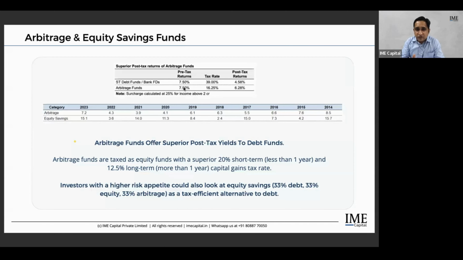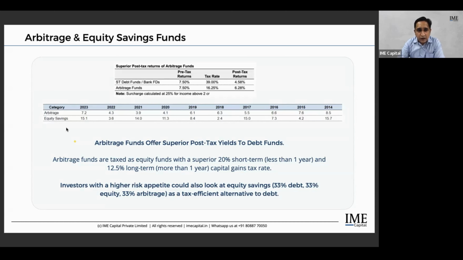Now, equity savings funds, for investors who are willing to take on a slight level of risk, is where equity savings fund, which is a form of hybrid fund that invests in a combination of debt, equity, and arbitrage, really can become quite attractive.